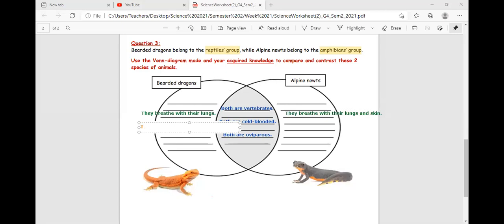And the difference, they have a moist slimy skin. We're talking about bearded dragons, which are reptiles, while newts are amphibians. Yes, something else. These have a moist slimy skin.